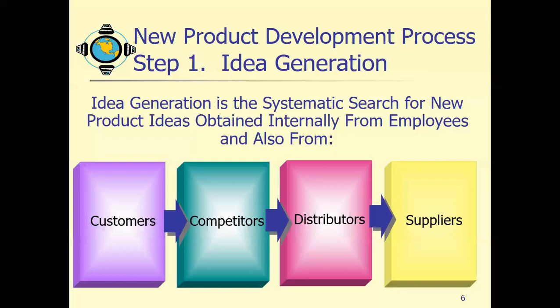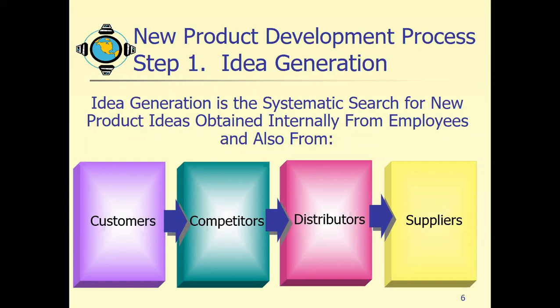Another external source is suppliers. Suppliers supply you with raw materials, and you produce products with raw materials. If suppliers can supply you unique, quality raw materials, then you can produce quality products.